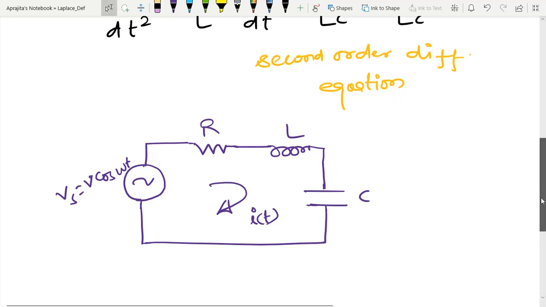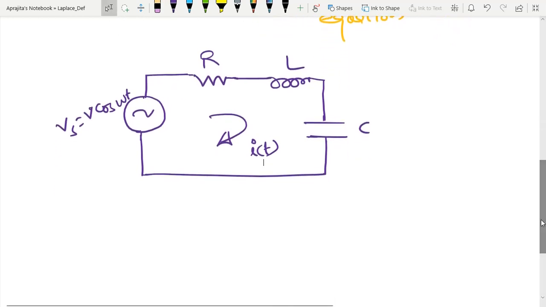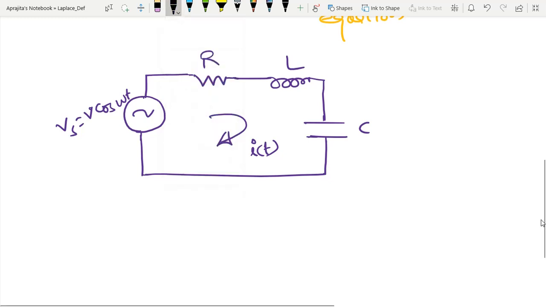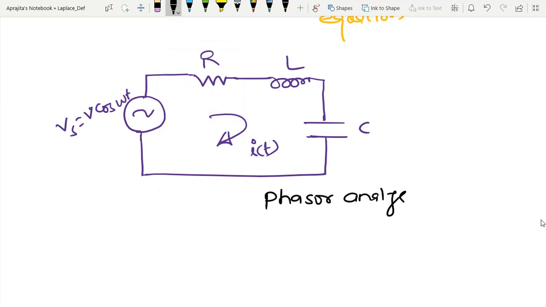what we have observed is that if we are just interested in the steady state response, at that time I can apply phasor analysis. So this general second order differential equation is converted, after application of phasor analysis, into an algebraic equation.